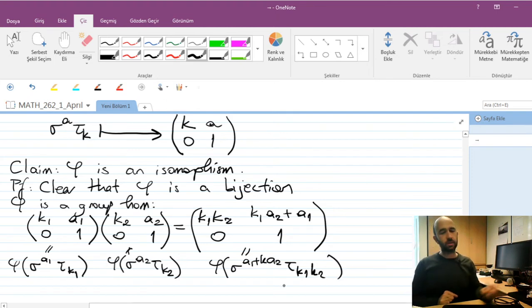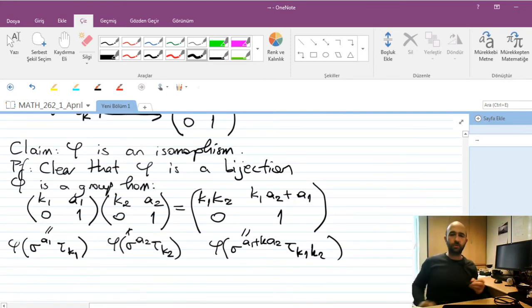But this was exactly the group law in G, therefore this immediately shows that this is a group homomorphism and finishes the proof that this is an isomorphism between G and H. So that solves the problem.